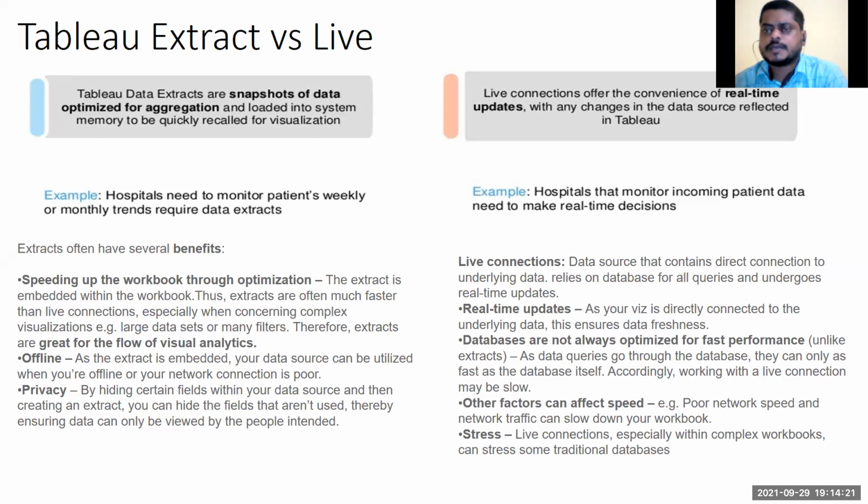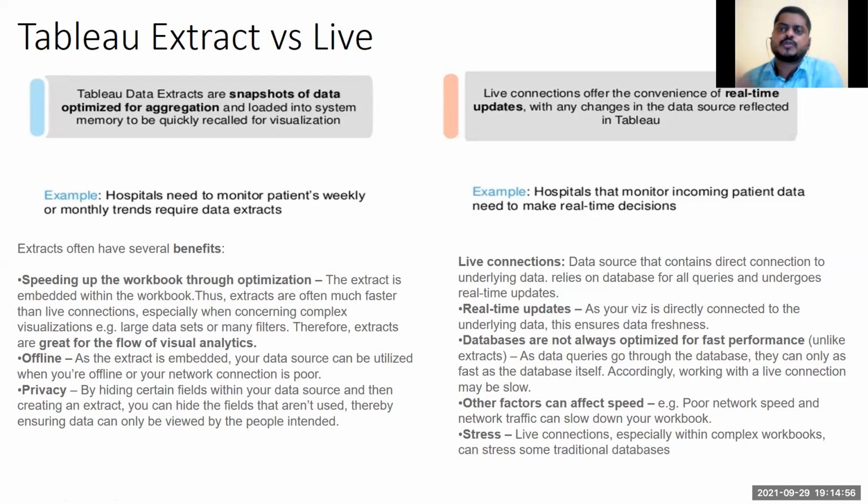So think again, depending upon the situation, right? Let's say there is patient billing data, right? It is not that every second, every minute you need to monitor how much medicine usage, how much injection usage has happened, right? Billing data information can be updated monthly, weekly, or on a daily basis, right? In that case, you can use an extract. But some information is real time, think about ECG machines. Let's say there are 10 COVID patients, right?